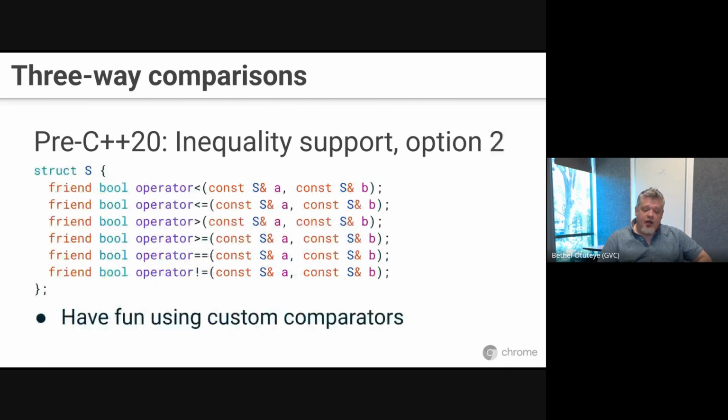So we get to the other route for supporting these, which is to actually write all of them and to try to write them all in correct and efficient forms, assuming those exist. The problem with this is, for one, it's verbose as heck, and it's very easy to screw these up by copy and pasting something wrong. But more importantly, this doesn't really help us when we're working with templated code that also has to work with things that took the other route and don't have all of these.